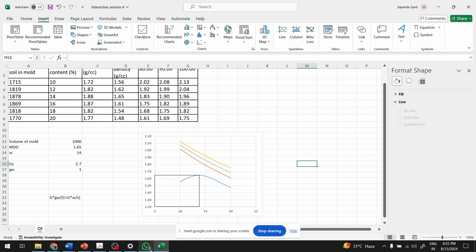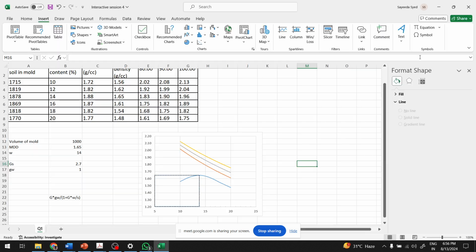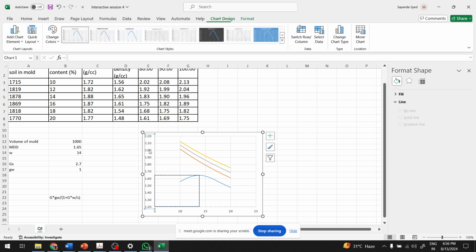So the question was asking, calculate and plot gamma D versus the moisture content for degree of saturation of 80, 90 and 100%, given G S is 2.7, and that is what we have done.